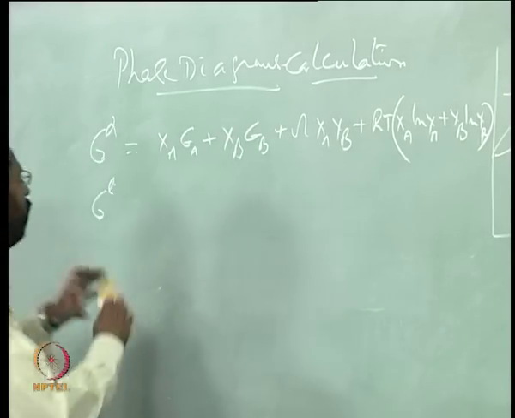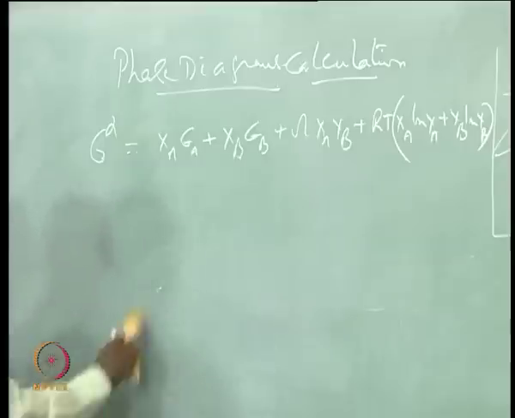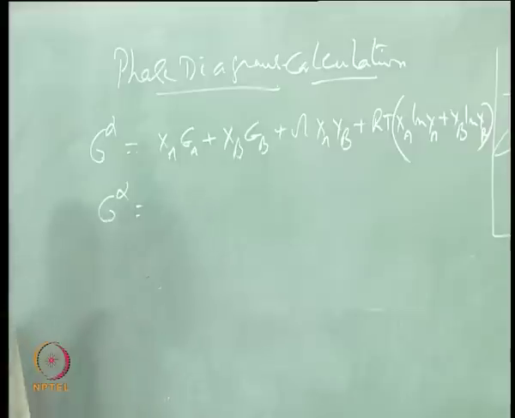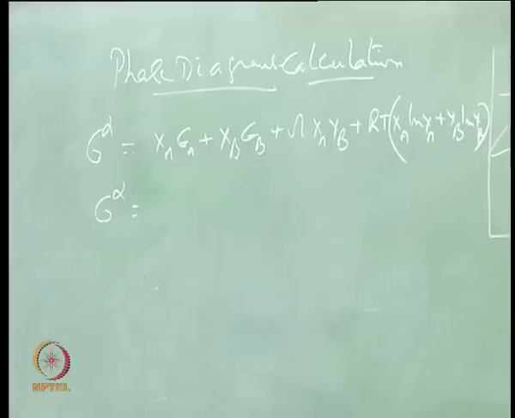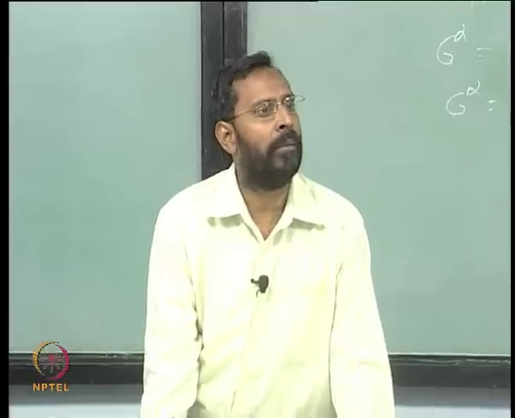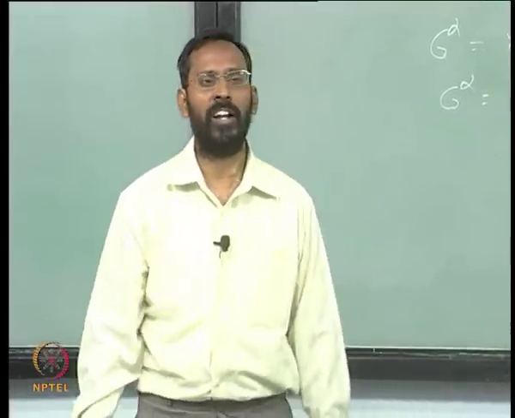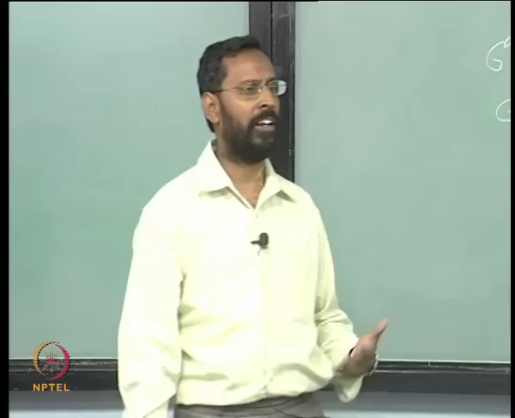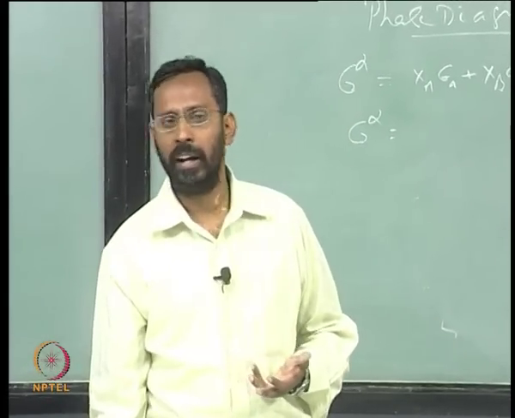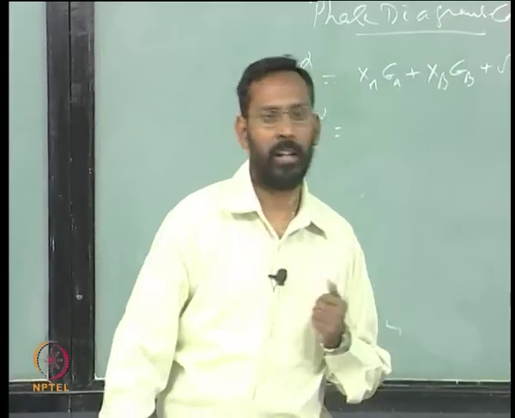This, if I write it, let us say for G alpha, I can also express G alpha in another way in terms of chemical potential. Why I have to bring in chemical potential here is because our equilibrium definition is from the chemical potential. All of you know that in a multi-component system, whether it is binary or ternary or quaternary, the equilibrium is always defined by equal chemical potential.